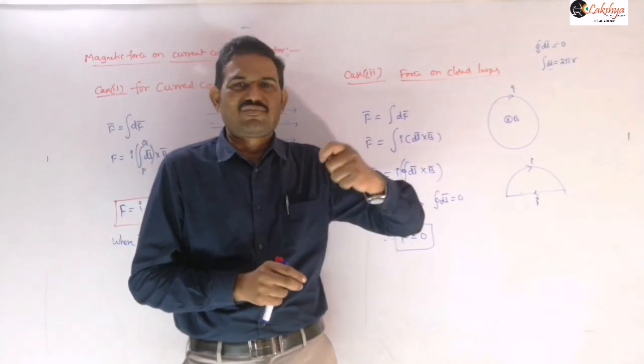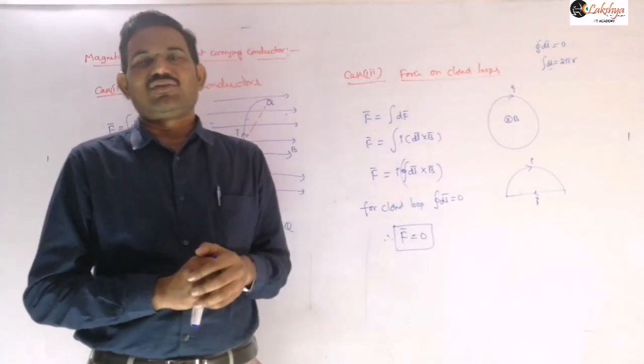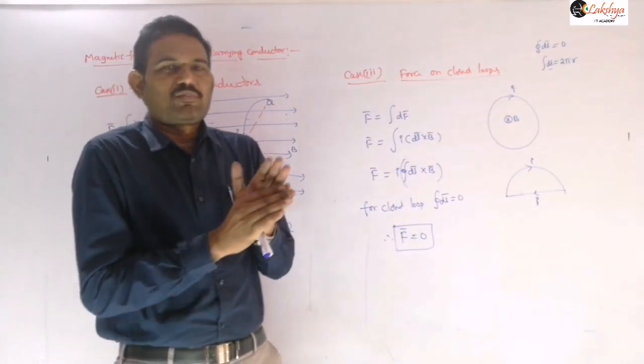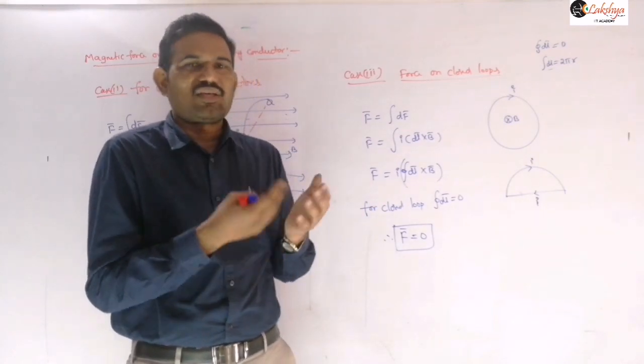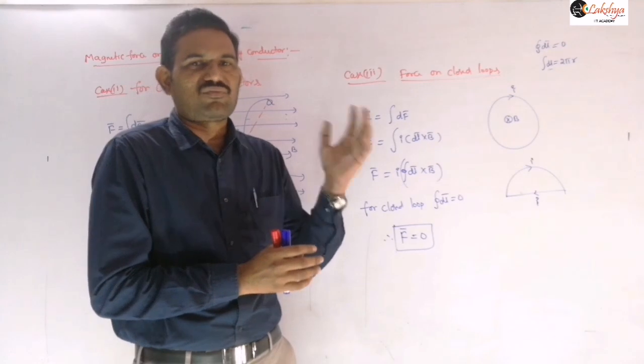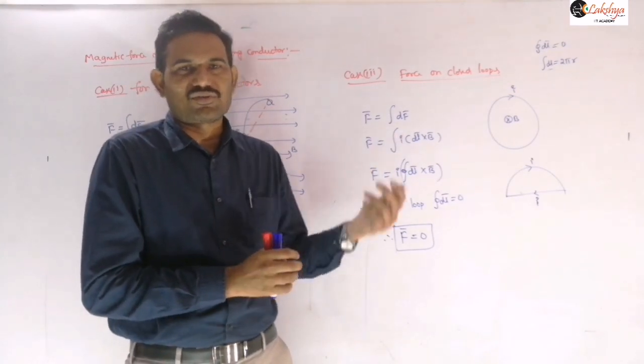That means if the same amount of current is not flowing in the loop, or different parts of the loop are in different planes, then in that case also you need to think carefully and answer for the resultant force acting on that loop.